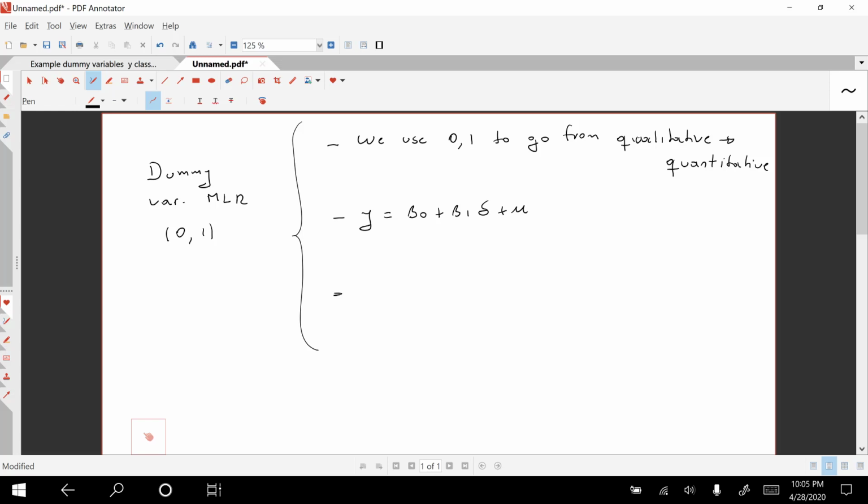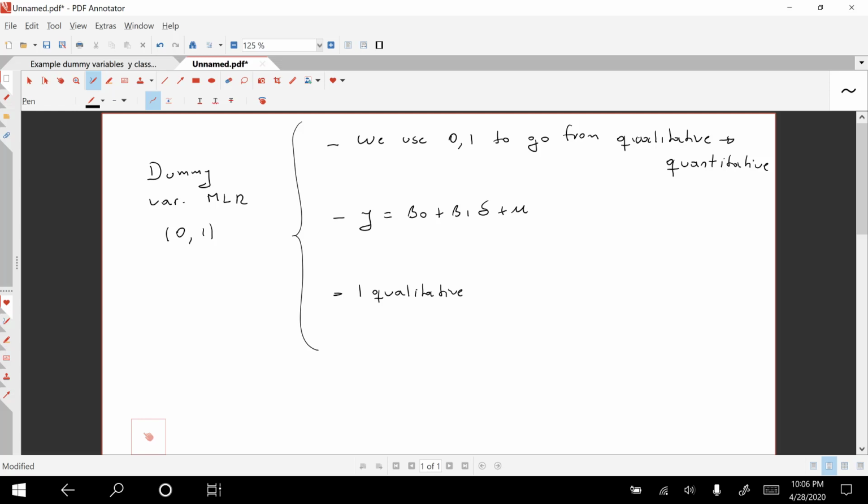And to start the discussion, we said, okay, well, let's start with the case where we have one qualitative variable. One qualitative variable that represents two groups, with two categories.